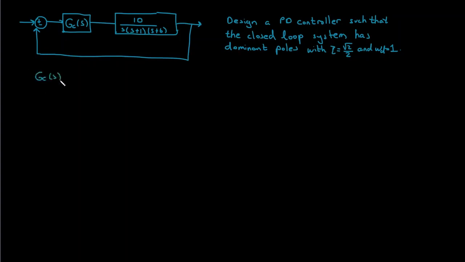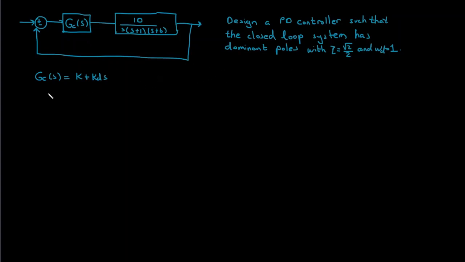So it has the standard transfer function of form k plus kd s, a P term and a derivative term. And we want the closed-loop poles to be dominant at the desired locations.